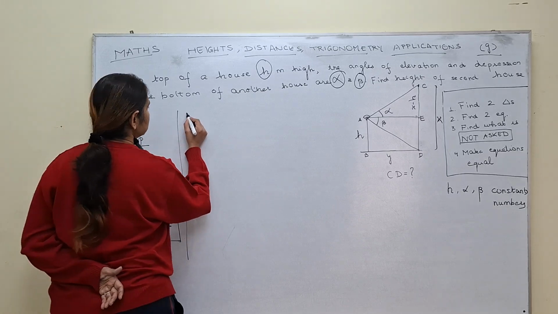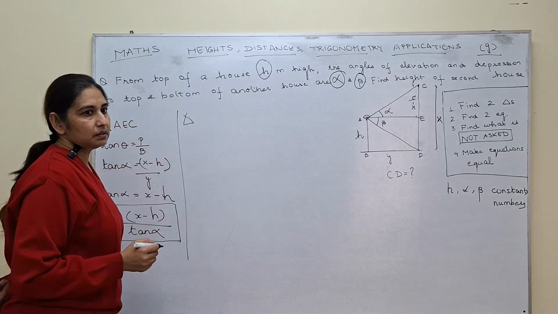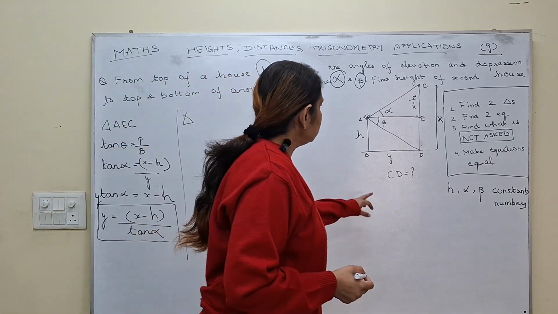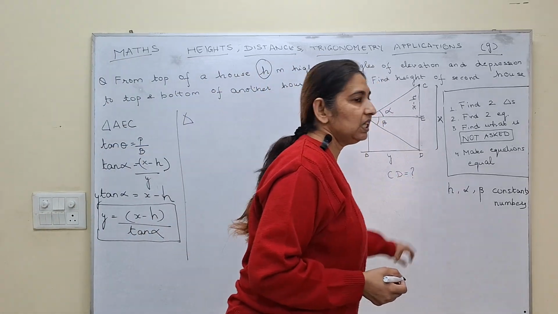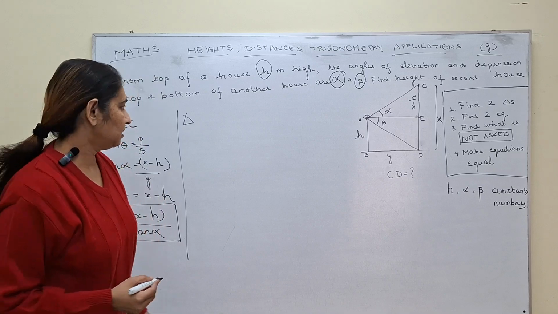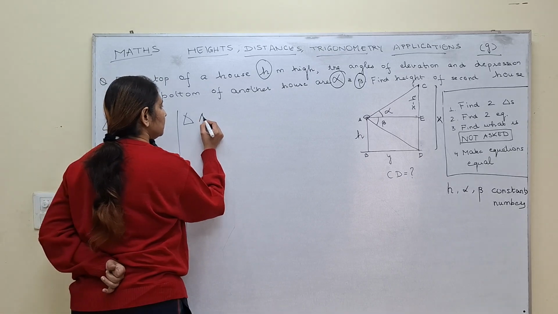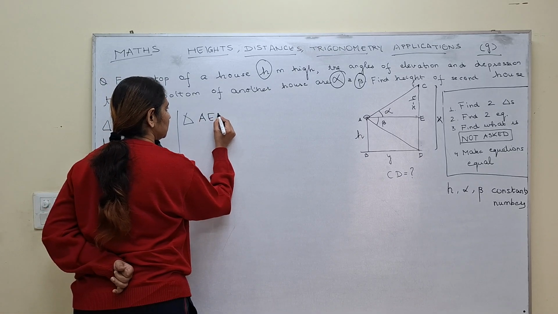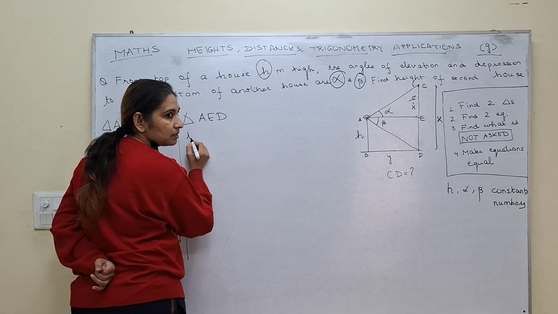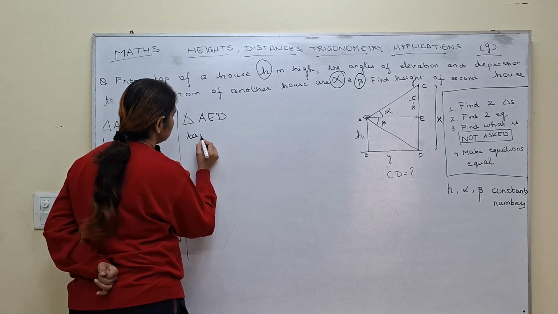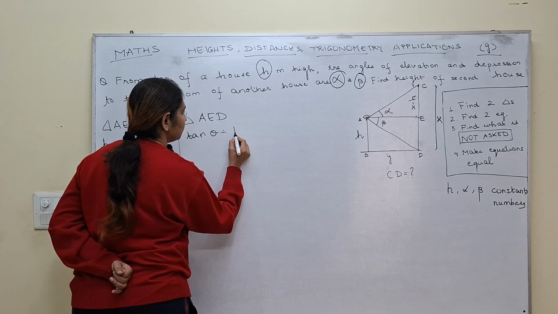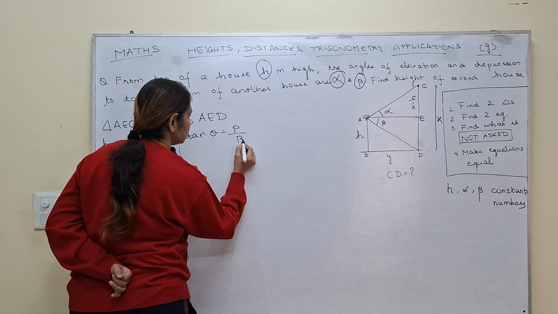Second triangle. What is the second triangle? The second triangle is AED. Again, we start with the same process. Tan theta is equal to perpendicular upon base.